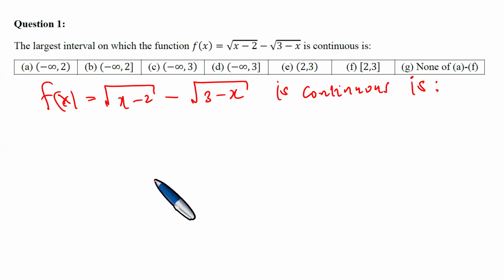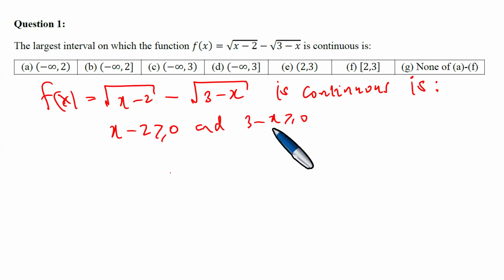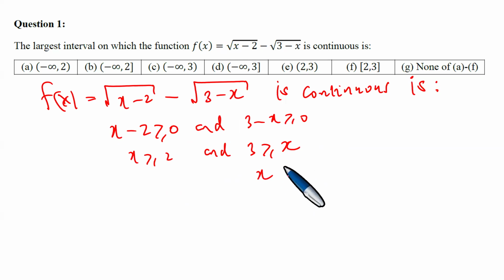So you'll be in a position to see that, as we remembered last time, it's going to be where x minus 2 is greater or equal to 0, but also where 3 minus x is greater or equal to 0. And it will be when x is greater or equal to 2, and whenever 3 is greater or equal to x, or you can write x less or equal to 3.